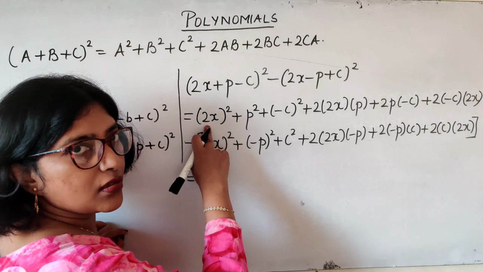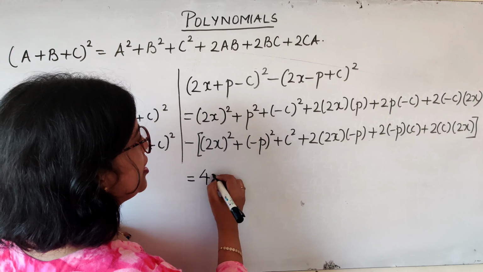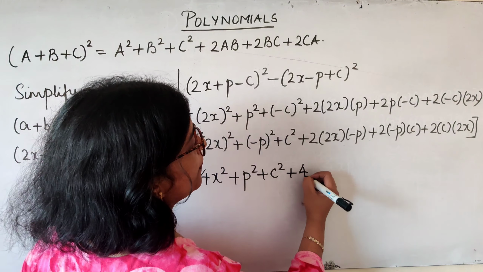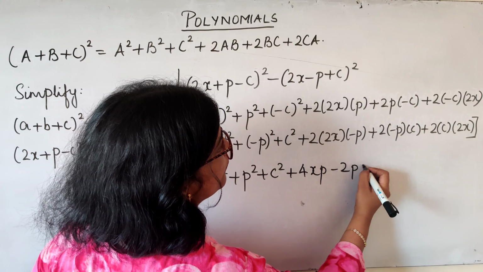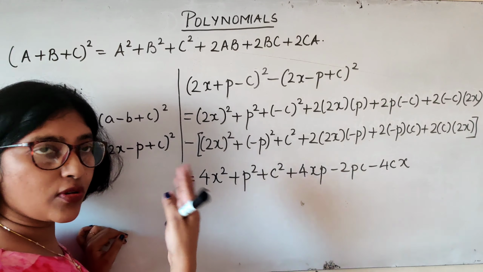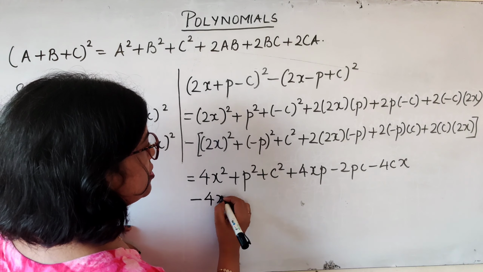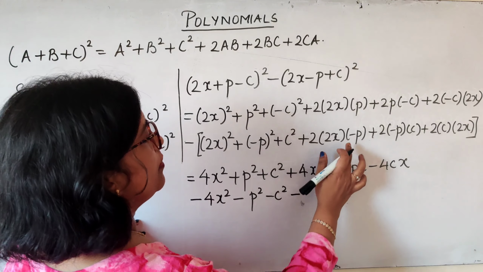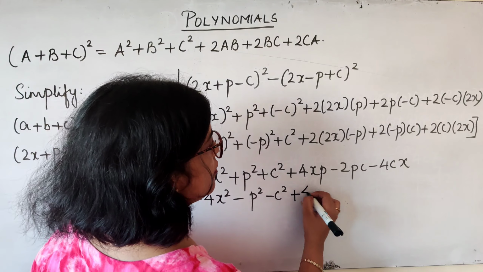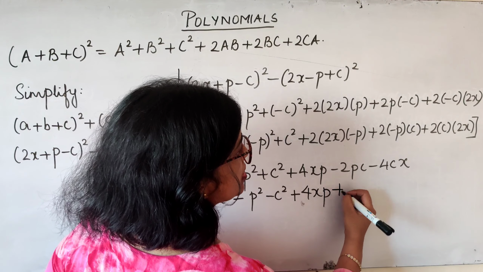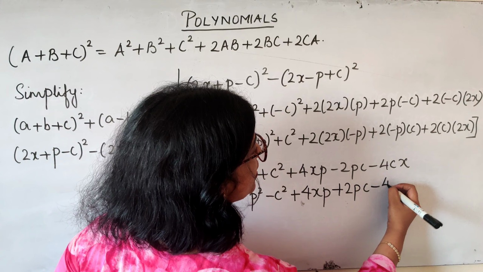So let's simplify the terms now. 4x square plus p square plus c square, expand the next, and also I am taking the negative sign inside, so this becomes minus p and minus, so it will become 4 plus 4 and this will be plus 2pc and this will be negative.